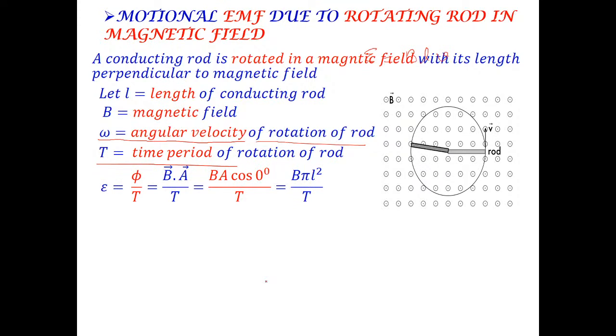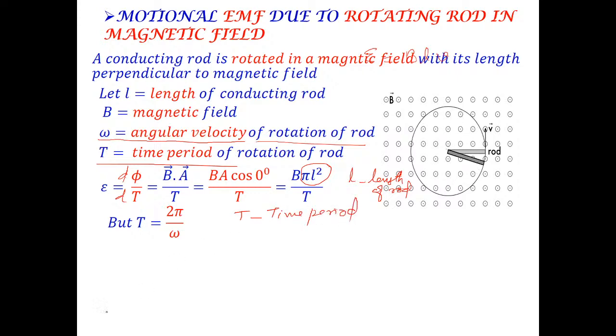Then we have E as usual equals d phi by dt, that is d by dt of B dot A, which is B A cos 0 by T. Here A is pi L square, where L is the length of the rod, and T, the time period, we can write as 2 pi by omega.